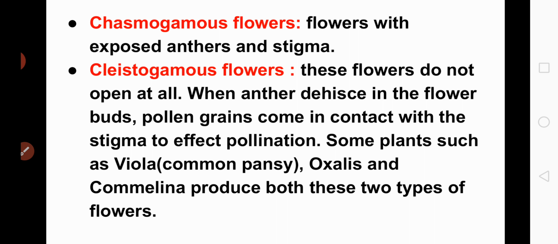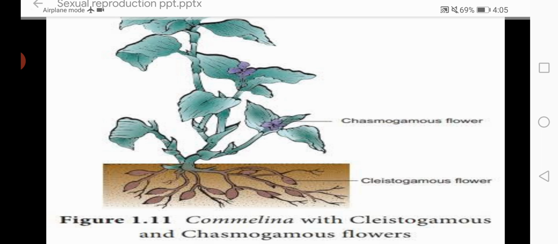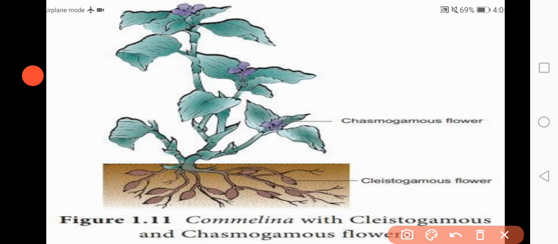So this is the image of a commelina plant which produces both types of flowers, chasmogamous as well as cleistogamous. The chasmogamous flowers, which are also called normal flowers, are present above the ground level.